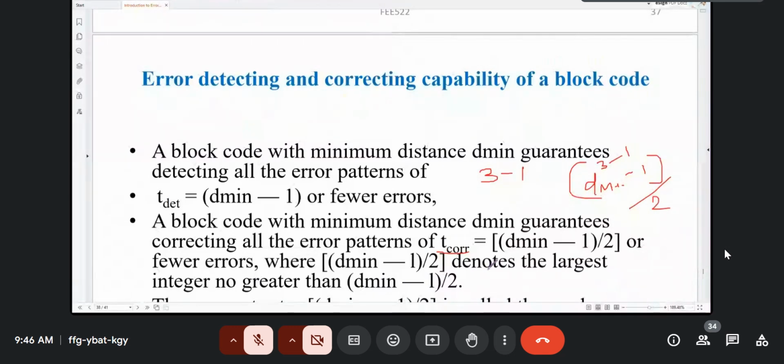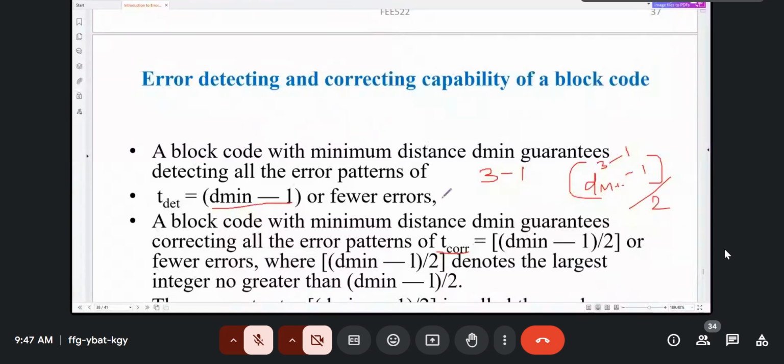So that's why we are mentioning this, the largest integer no greater than (d_min minus 1) over 2. In this case, it will always be an integer. In this case, it may not be an integer, depending on the minimum distance. In that case, it will be the largest integer no greater than that.